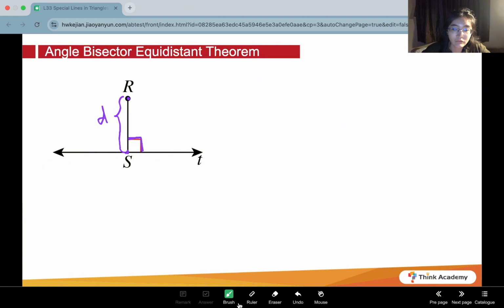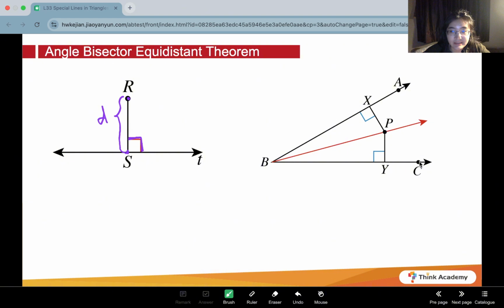Okay, so if you are given a diagram like this, the angle ABC is bisected by the red ray BP. We say the point P is on the angle bisector of angle ABC.